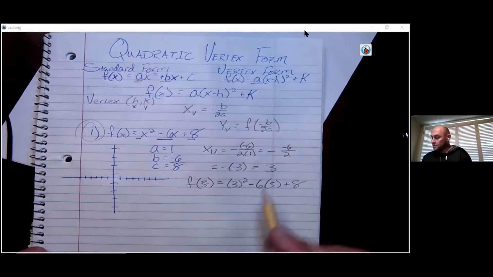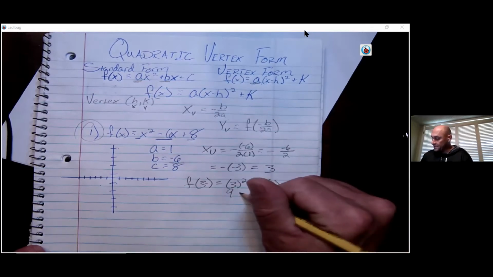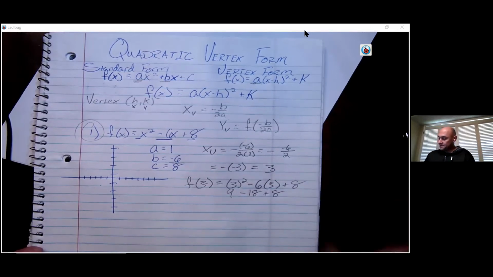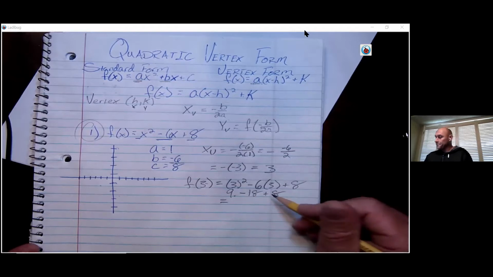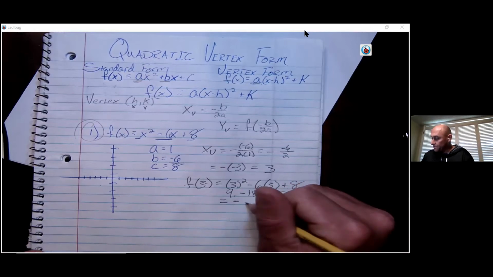So 3 squared is 9, 6 times 3 is 18, and 8 stays 8. 9 minus 18 is negative 9, plus 8 leaves me negative 1.